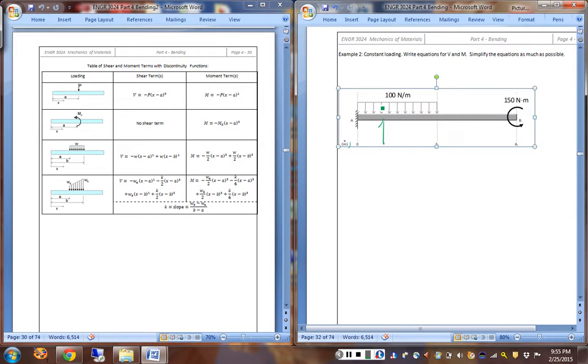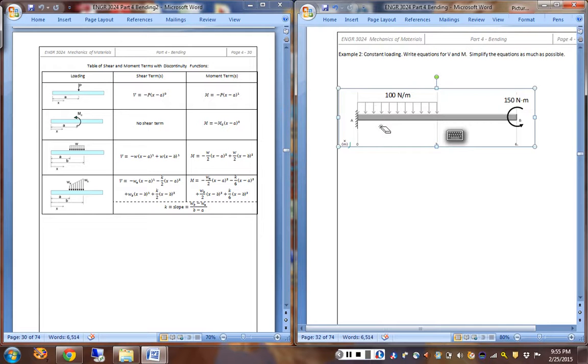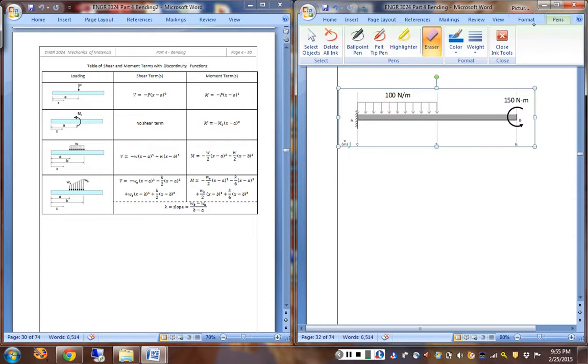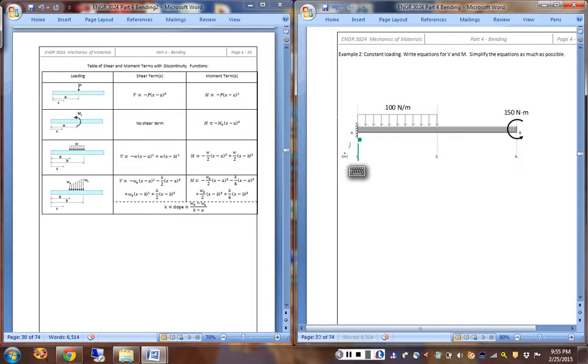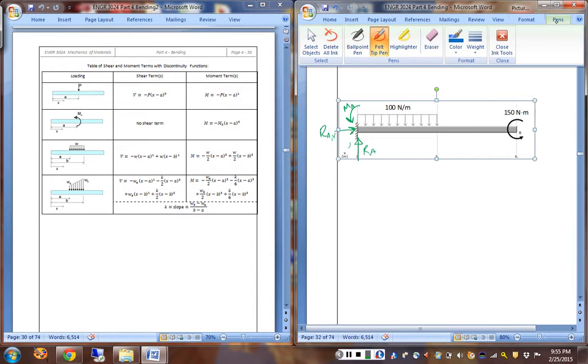We know that we will have a vertical reaction at the connection point A. We know we have a moment reaction, and we would also have an X reaction, but given that there are no applied forces in X, we can disregard that one.